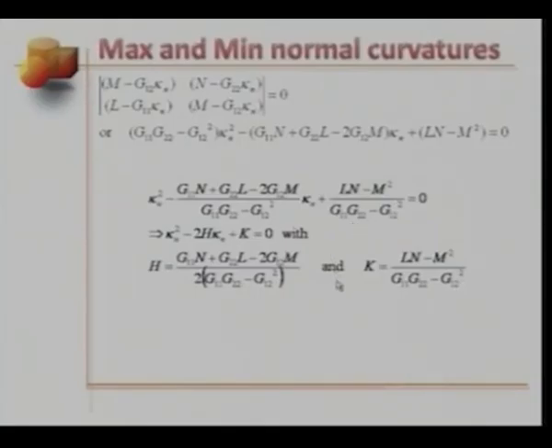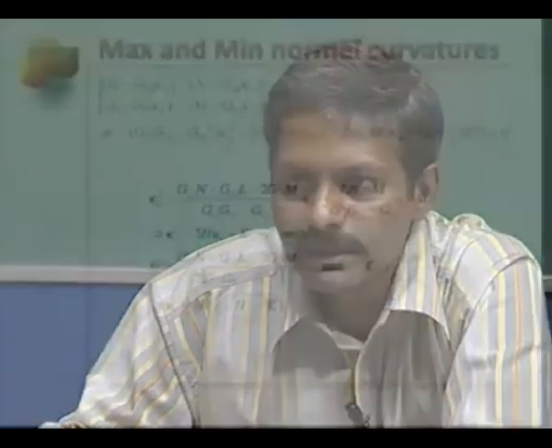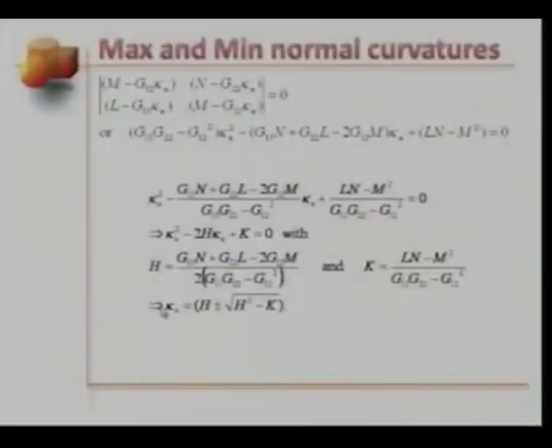So if you notice, the normal curvature kappa n is expressed in terms of the elements pertaining to the first and the second fundamental matrix. To be more specific, we are also talking about the extremum points for kappa sub n. Of course, we know by now how to solve a quadratic equation. Kappa sub n equals h plus minus square root of h squared minus k.